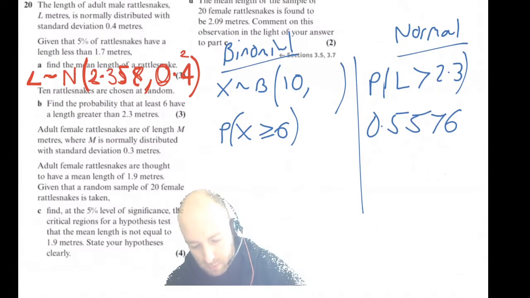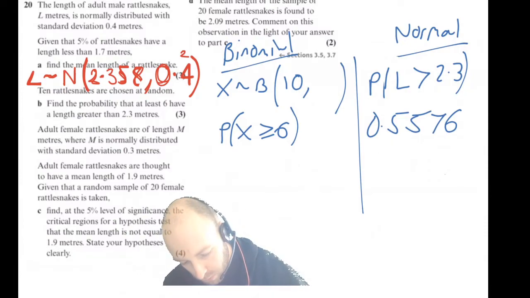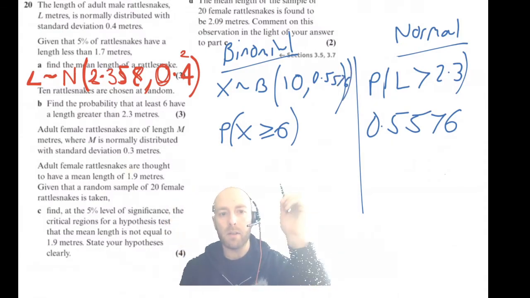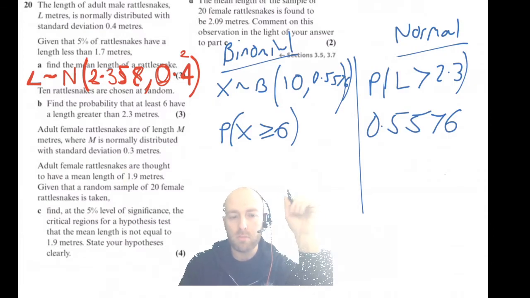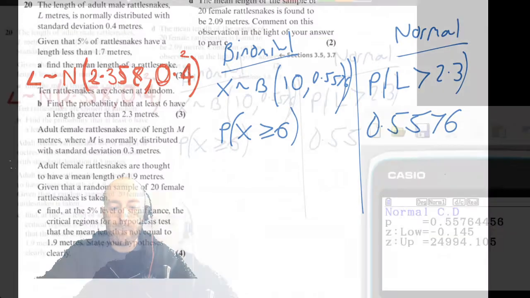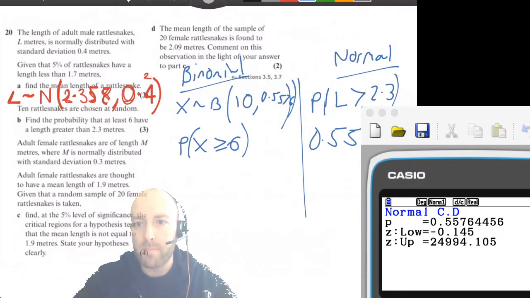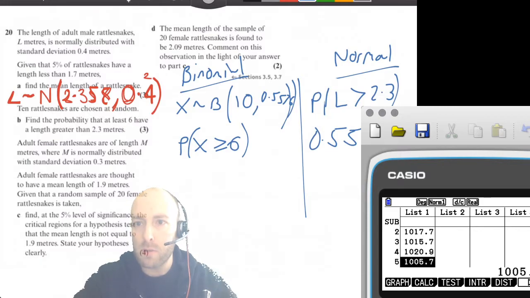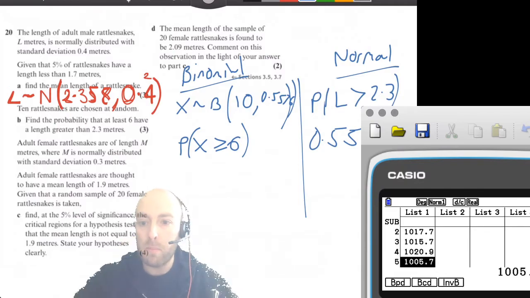So if I write that into the binomial, 0.5576 in there. And we're going to basically do this part of the question now. So back to the calculator. Distribution, binomial, BCD.